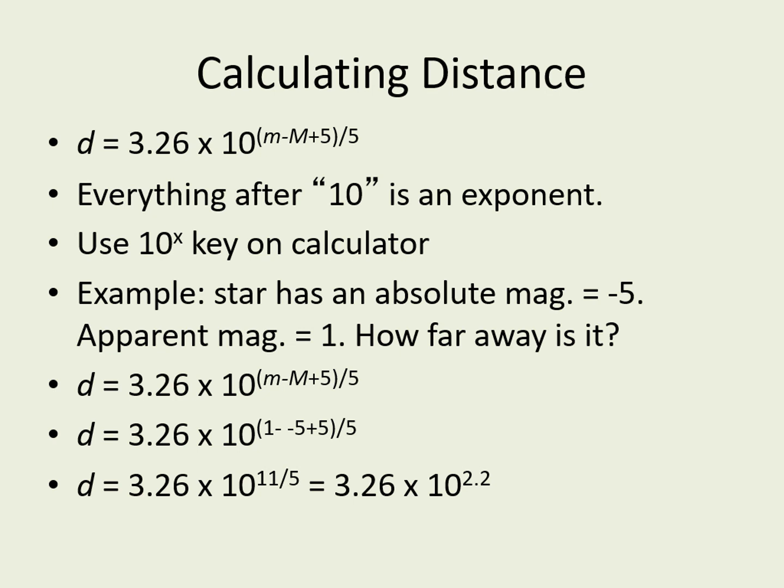Go ahead and use the 10 to the x key to calculate this. You should get that 10 to the 2.2 is around 158. We're almost there. Now just multiply that by 3.26. This gives you the distance to the star, 517 light years.